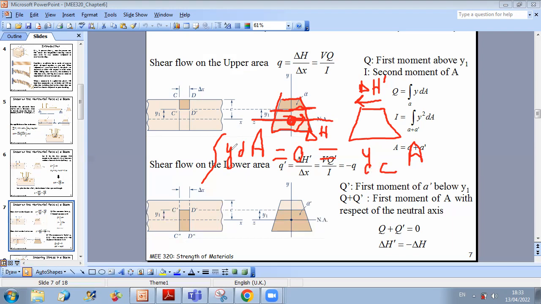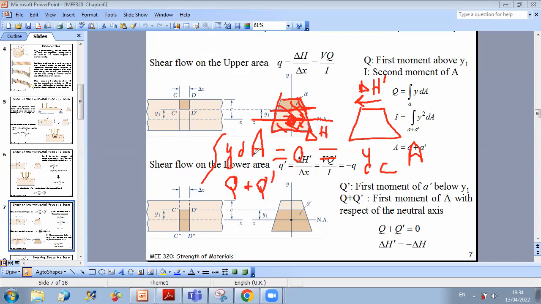And this term can be decomposed into two parts. You can say that integral y dA is equal to the integration over the upper area plus the integration over the lower area. So it is equal to Q, which is the first moment of the upper area above the neutral axis, plus Q prime, which is the first moment about the neutral axis for the lower part.